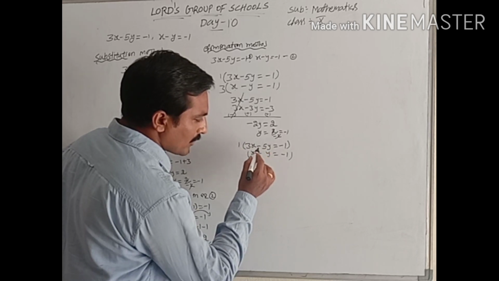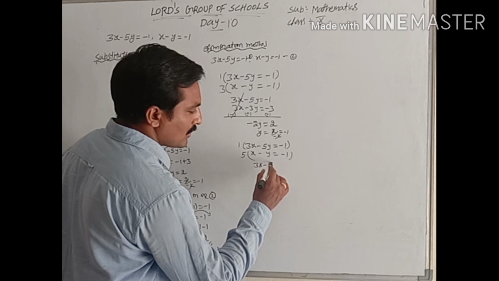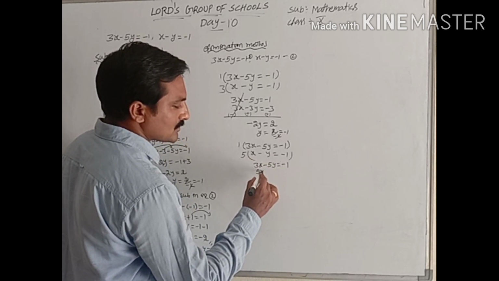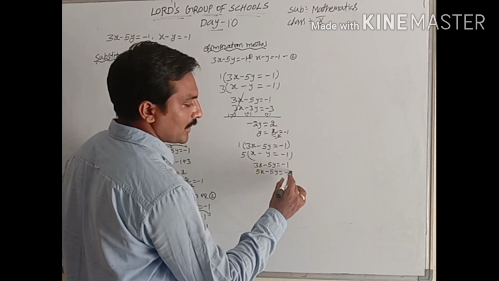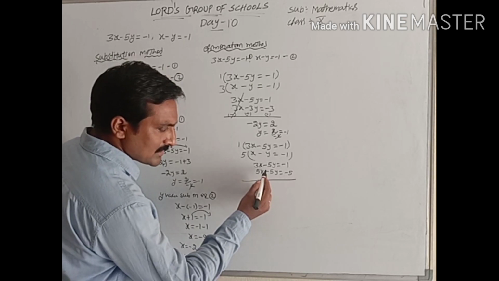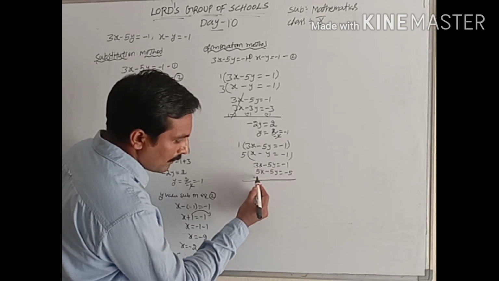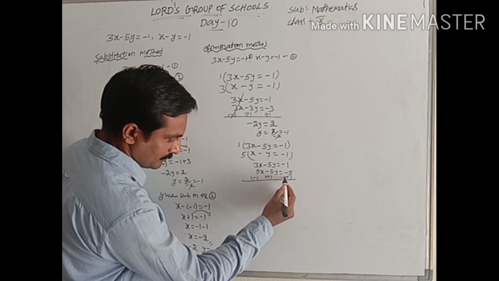In this equation the y coefficient is 5. 3x minus 5y is equal to minus 1. 5 into x, 5x minus 5 into y, 5y is equal to minus 5. Change the symbol, since these two have the same symbol. Plus becomes minus, minus becomes plus.